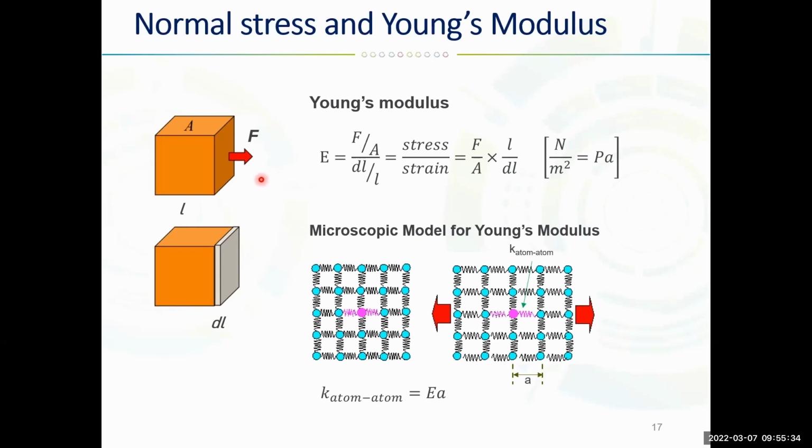To begin with, I'd like to say that there are basically three types of external forces that deform solids. The first is the force applied normal to a cube of material. We assume that this cube has cross-sectional area A, and we apply a normal force as indicated here.